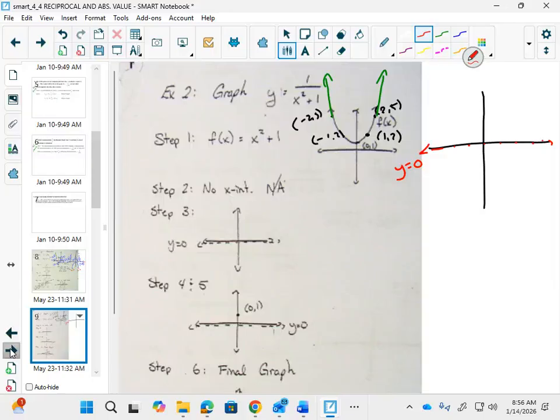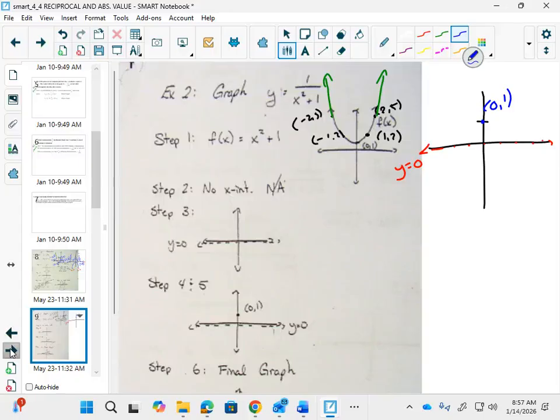Now we just need to do some nice points. What's going to happen to 0, 1? It's going to change to 1 over 1, which stays the same. And in our notes, there was like a special thing about points that stay the same. They're called invariant points. Does it make sense? Whenever the y value is 1, or if the y value was -1, when you do 1 over 1 or 1 over -1, it stays the same.